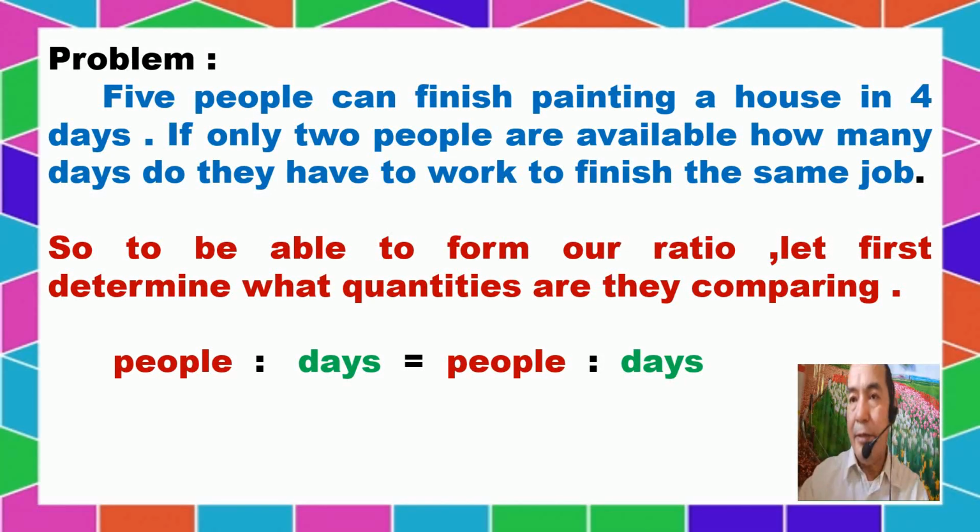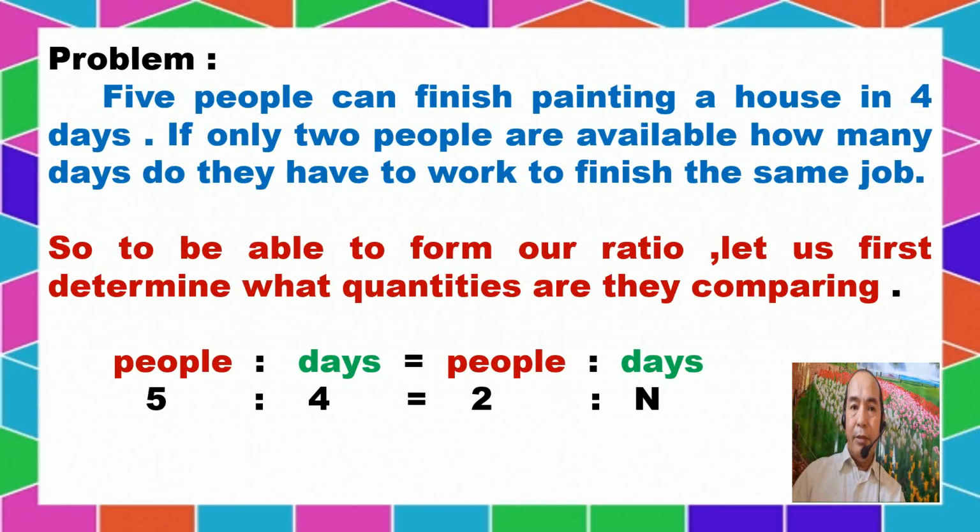So let us now substitute the quantities. So 5 people is to 4 days equals, the second ratio is 2 people is to n. Why letter n? Because we will still have to determine how many days it will take for 2 people to finish the same job.